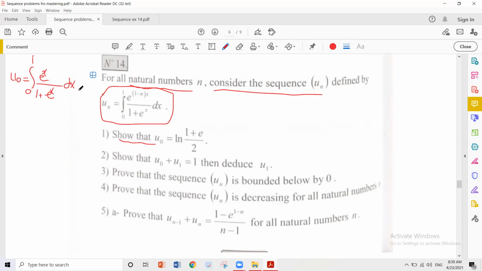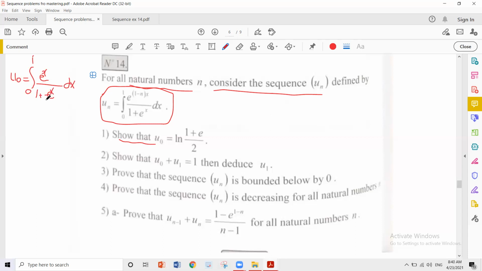How to calculate this integral? How to calculate the integral of e to the x over 1 plus e to the x? By which method? It is not a basic rule here.